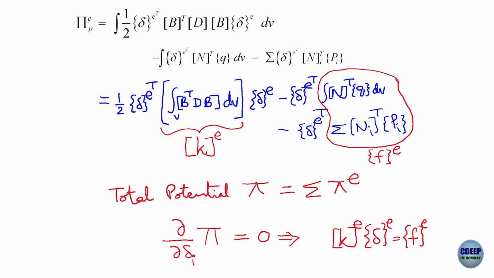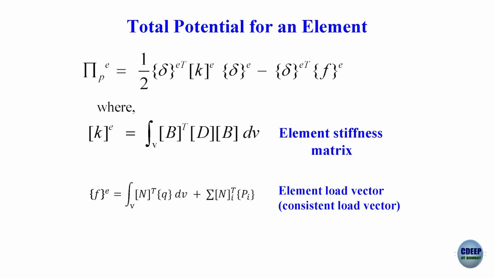So, in compact notation of matrix algebra, it leads to k into delta is f. Okay. Now, this is your element level equations, which you would assemble and get the structure level for the entire finite element mesh. However many elements you have, you assemble them, you will get the entire set of equations.